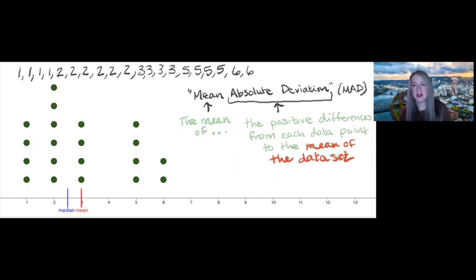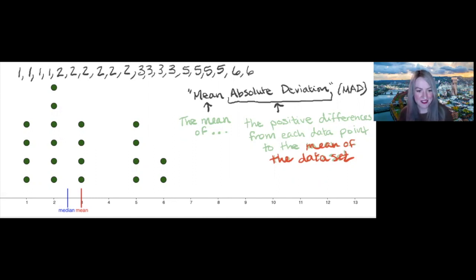And each data point has a distance from that mean. We're not going to care about positive or negative. We're just going to talk about the distance or the difference. So we will look at that. And then once we have all those differences or distances, we're going to find the mean of those. And that's going to give us an average distance that the data points are from the mean of the data set.